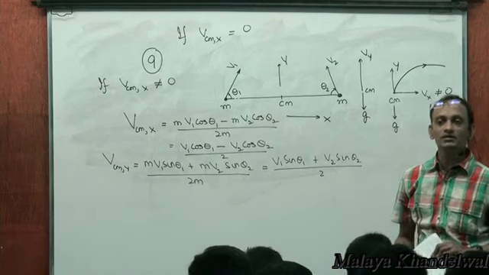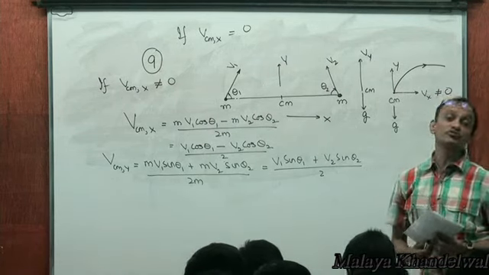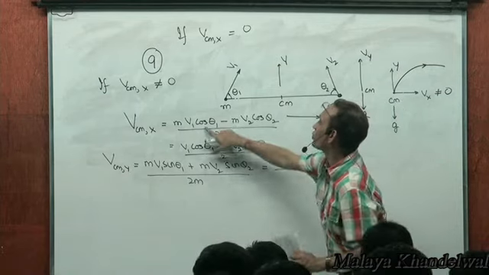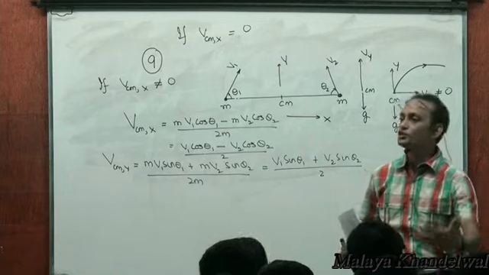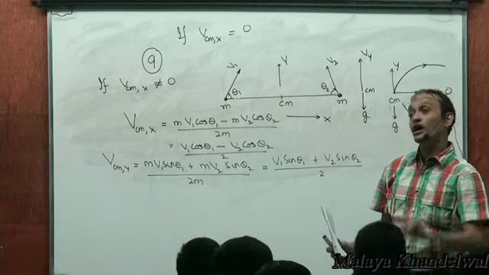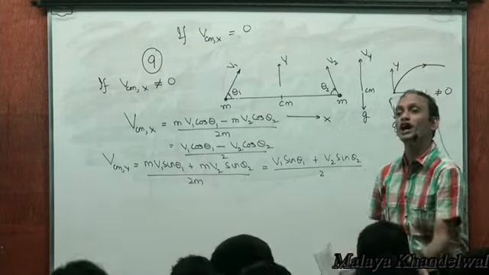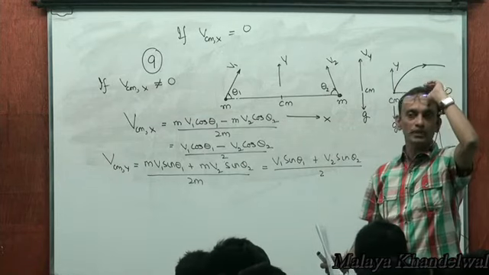That would be the path taken by the center of mass. If v1 cos theta 1 is v2 cos theta 2, then the path of the center of mass will be a straight line. Otherwise, in all other cases, it's going to be a parabola.